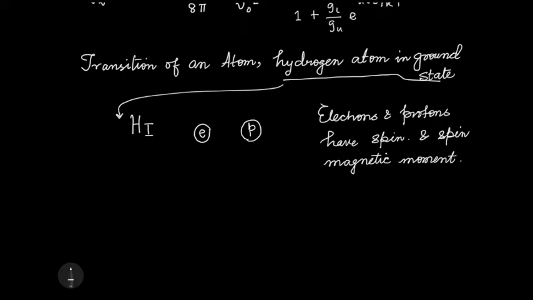And spin magnetic moment. So what may happen is the proton spin magnetic moment can be seen by the electron or vice versa, and there can be an interaction between that spin magnetic moment of proton with the electron.